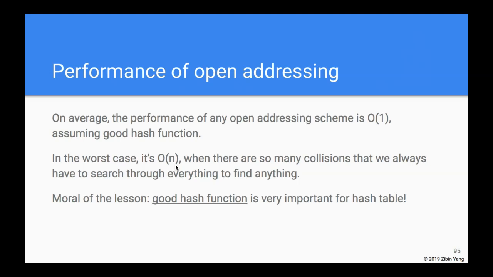In the worst case, though, it's still O(n), because what if there are just a lot of collisions and we have to search through everything to find anything? In that regard, it's really no different from any other hash table. So the moral of the lesson is we need good hash functions for any kind of hash table.